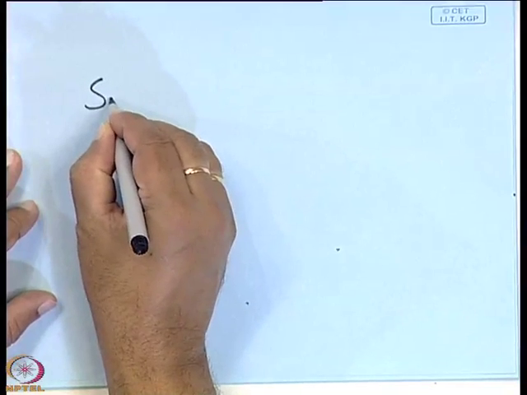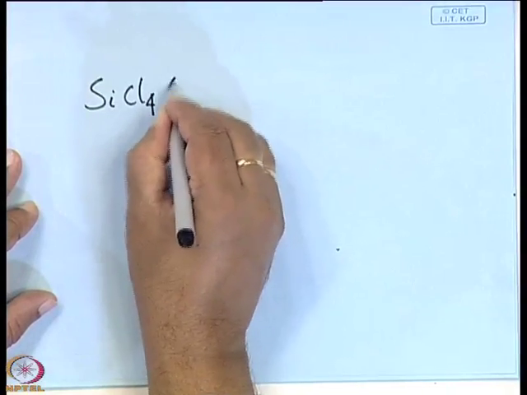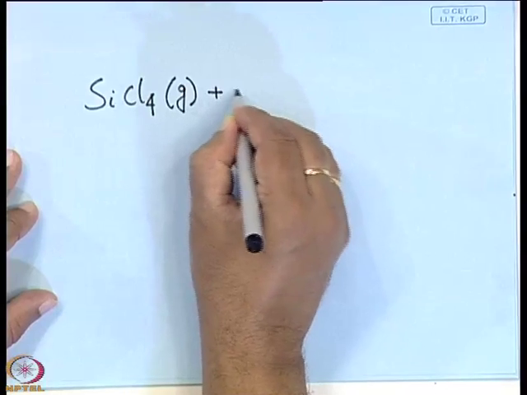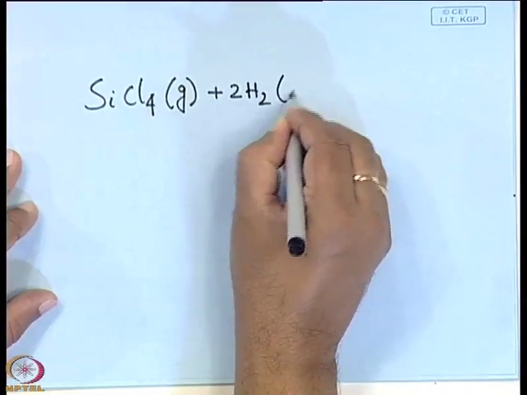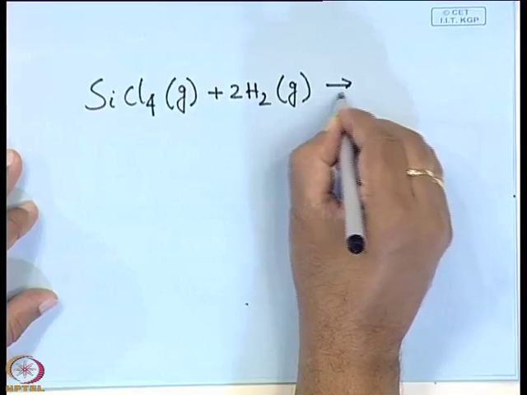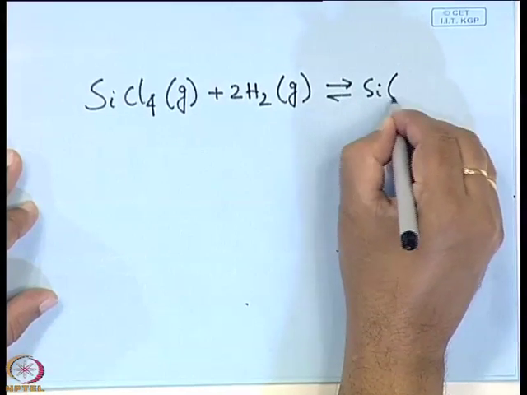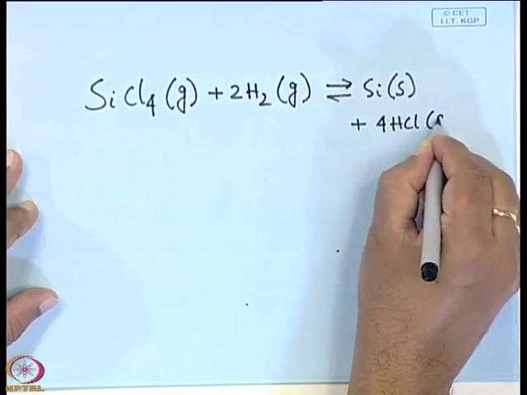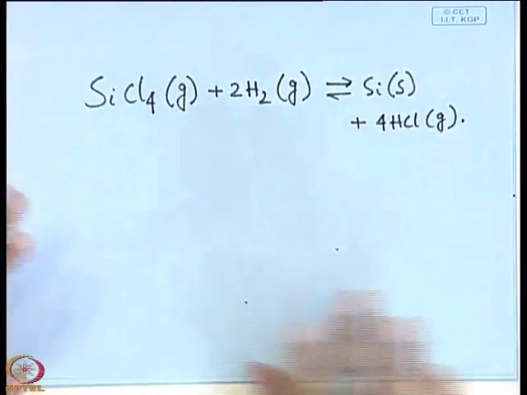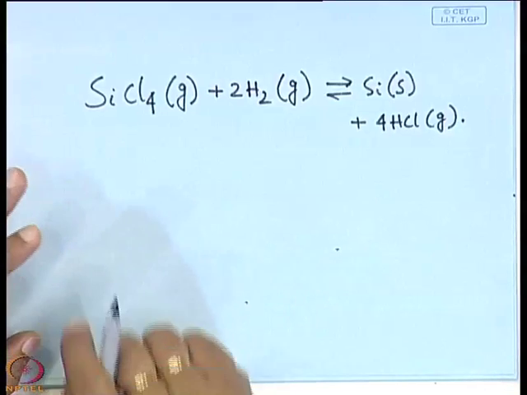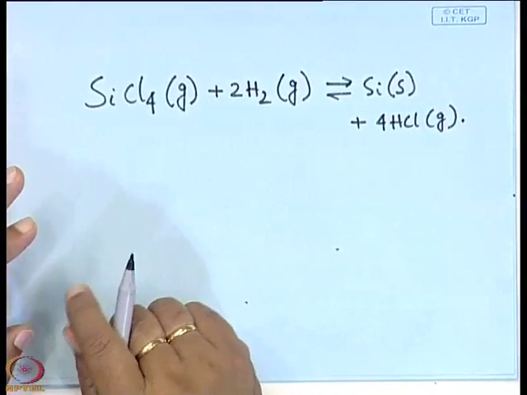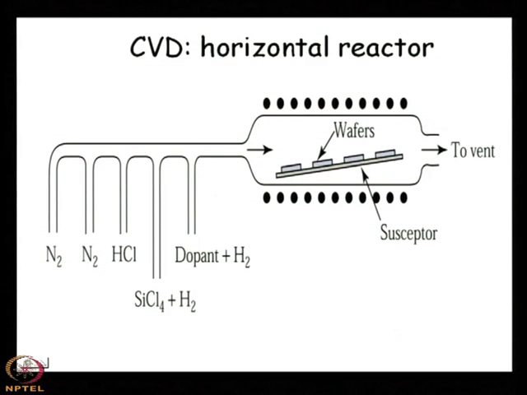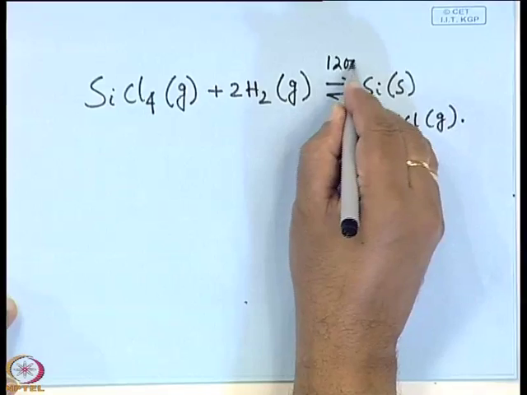Now, if you see the reaction, it is SiCl4, silicon tetrachloride, it is a gas. It reacts with hydrogen gas to form Si solid plus 4HCl gas. This is the overall reaction, because your input was silicon tetrachloride, and that silicon tetrachloride reacts with hydrogen at that temperature, at 1200 degree centigrade.